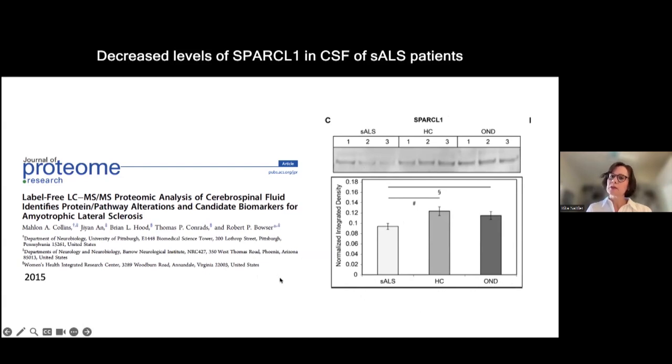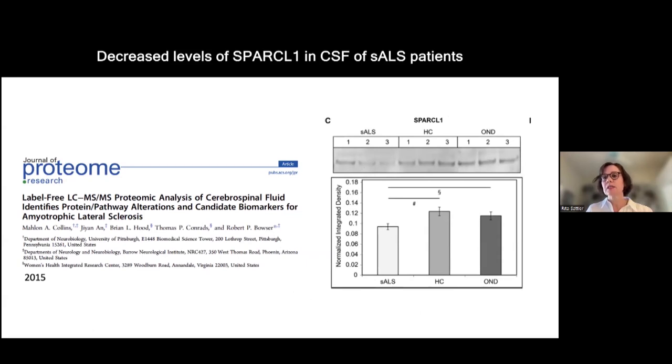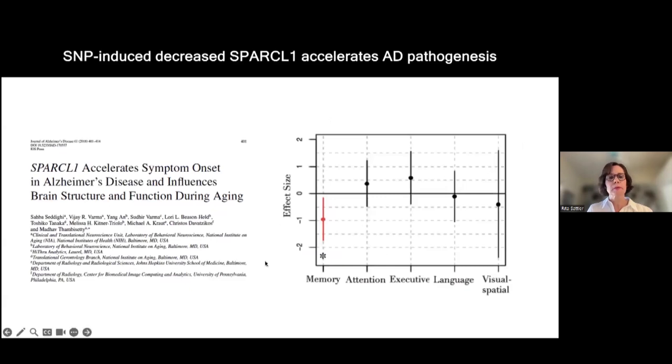That was really interesting for us, confirming that SPARCL1 might indeed play a significant role in this disease, and more interestingly, that SPARCL1 could potentially be an early biomarker of disease if we can detect it in the cerebrospinal fluid.